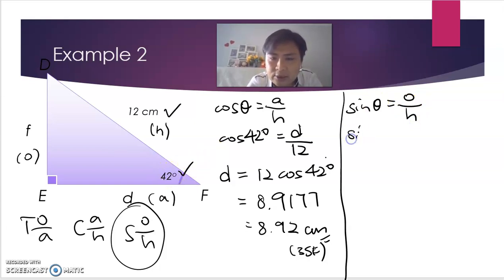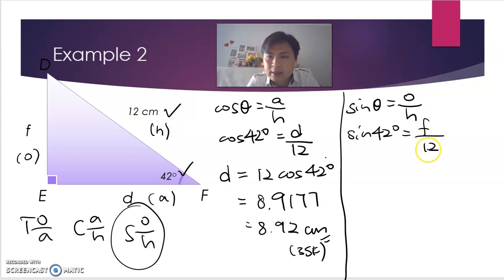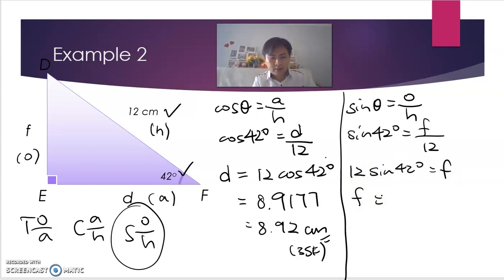So sine 42 is equals to F over the 12 cm. And we'll find our values accordingly. So you need to remove the 12. 12 sine 42 degree is equals to F. Swap it around. Now we can key in our calculator. 12 times sine 42.